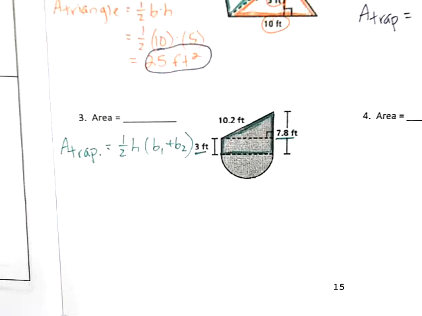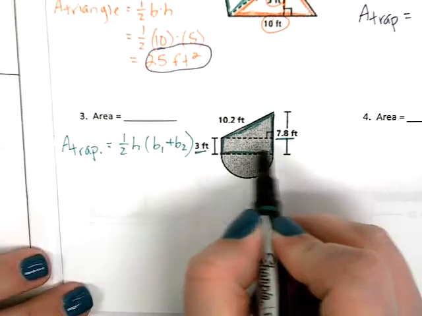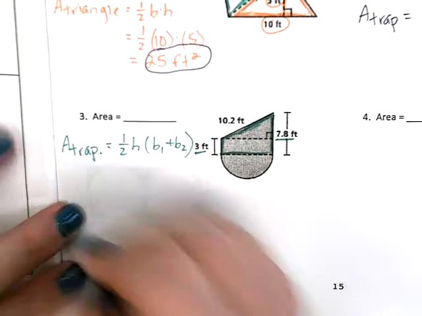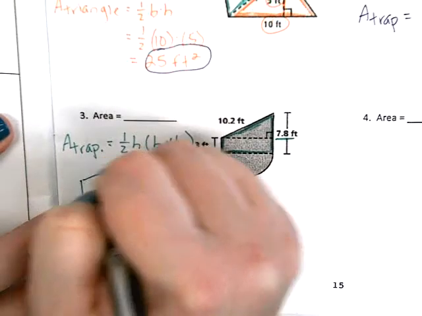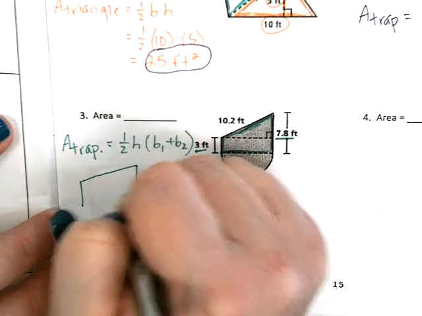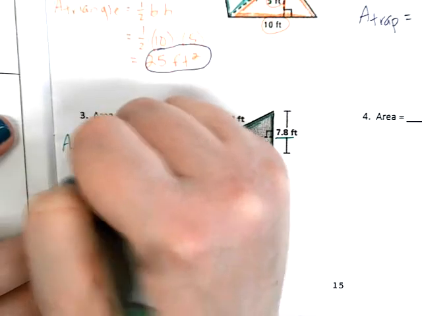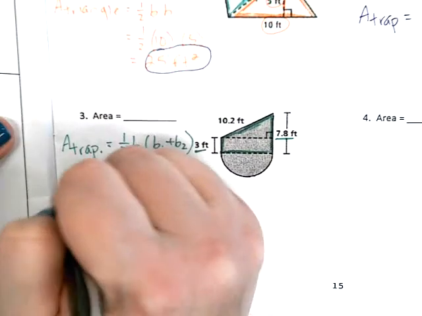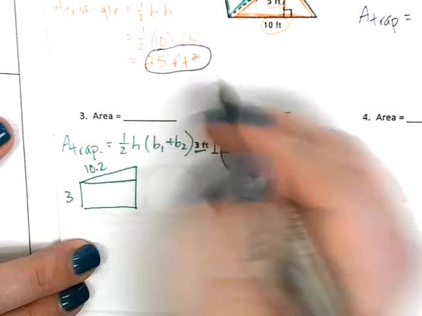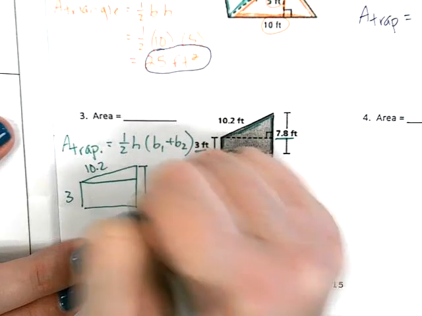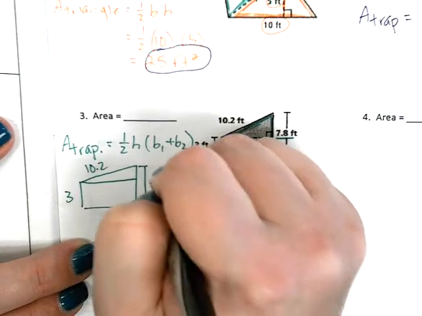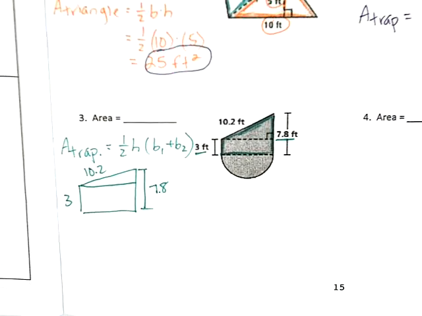And the height is this dotted line right here. So I'm going to redraw this picture so we can look at it a little bit closer. This is our 10.2, this is 3, this whole thing is the 7.8. It's not drawn to scale, sorry, okay? Just deal.